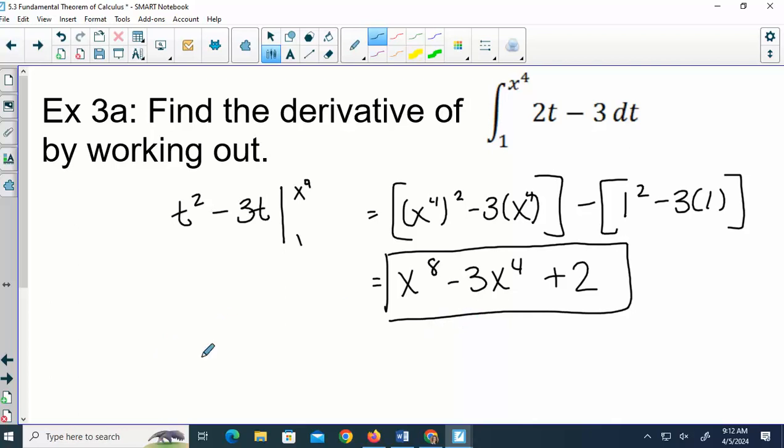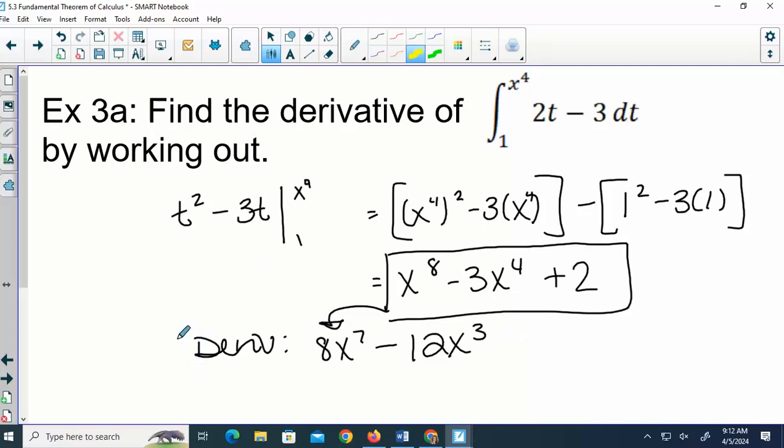Okay, then what do we have to do to that? The derivative. What is the derivative of this? Minus 12x cubed. Okay, so that is the final answer.